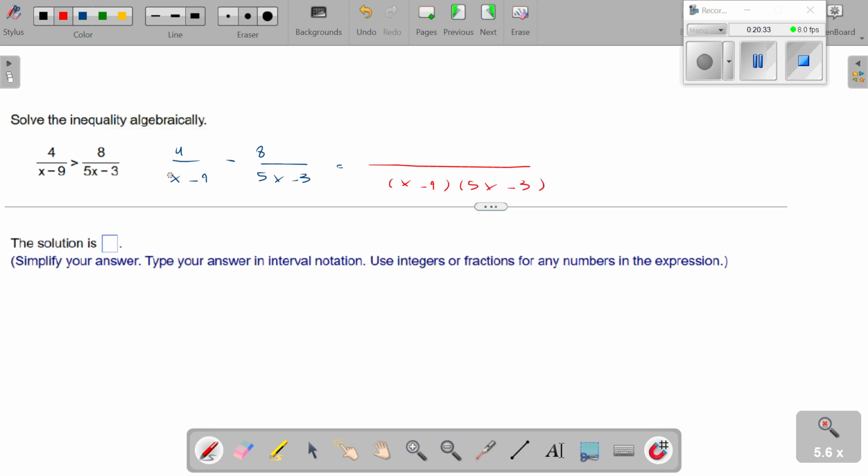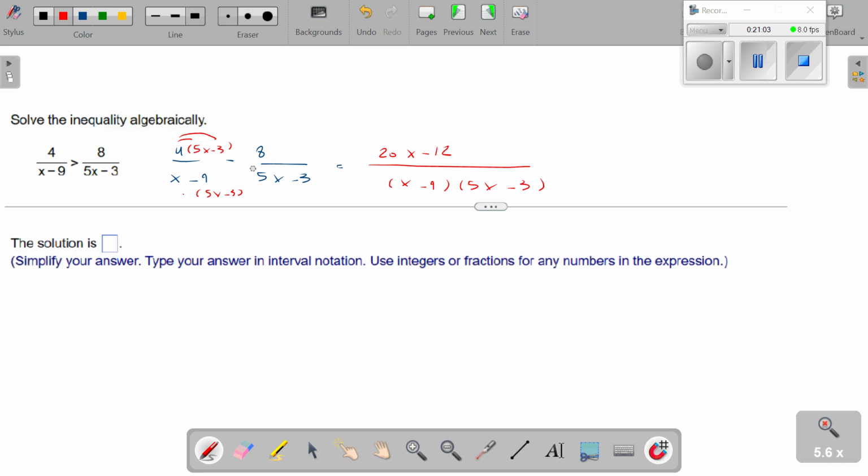Now, since you have multiplied x minus 9 by 5x minus 3 on the bottom, you have to do that to the top as well. Multiply by 5x minus 3, because you did that to the bottom as well. So the top will be: distribute. 4 times 5x will be 20x. 4 times negative 3 is negative 12.